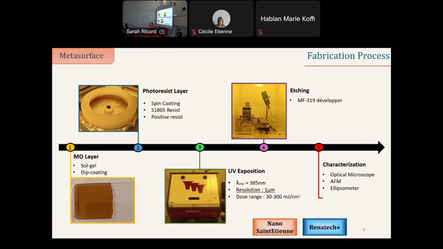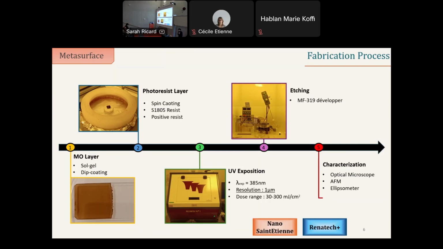First, we use a spin coater to have our photoresist layer. Once this one is ready, we can use the microwriter device to do the UV exposition.